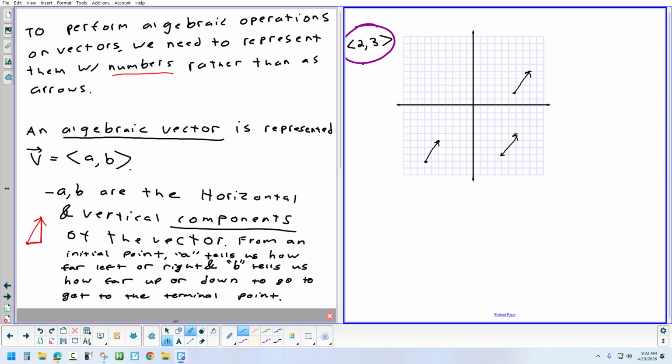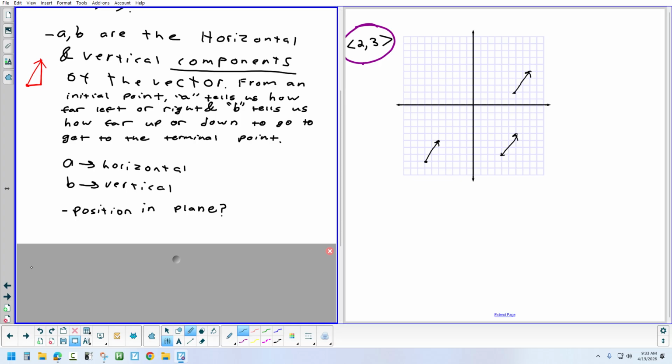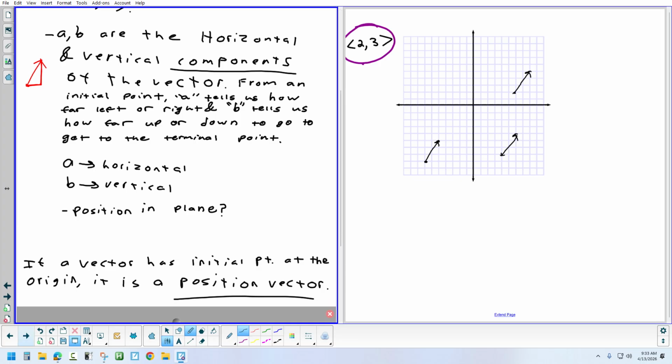Now, even though you can draw it anywhere, there is a place that's most common to start from. Anybody have a guess where the most common place we would start from is? Yeah, the origin. If I had a choice of where I could start from, most likely I would start at the origin. And when it starts at the origin, that's called a position vector.